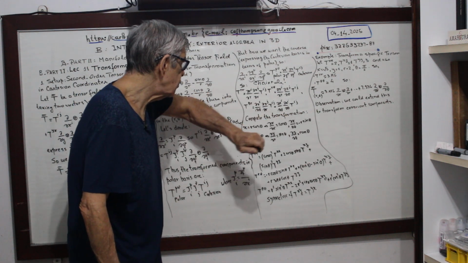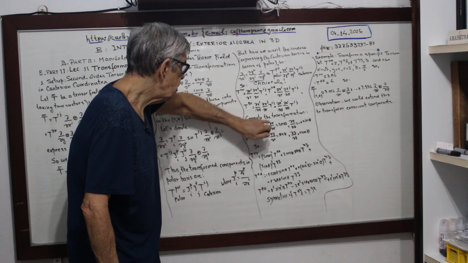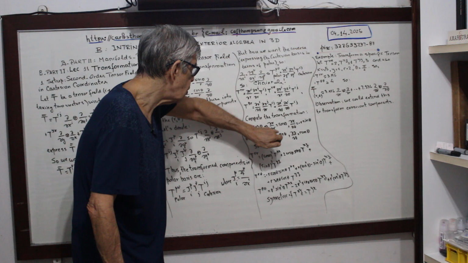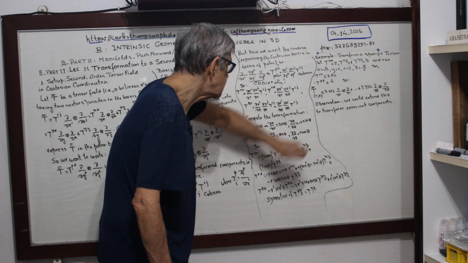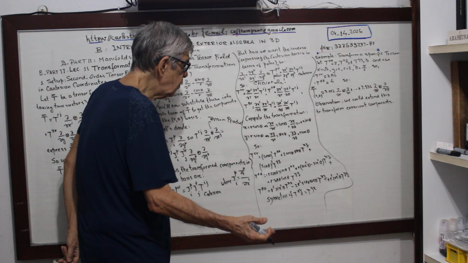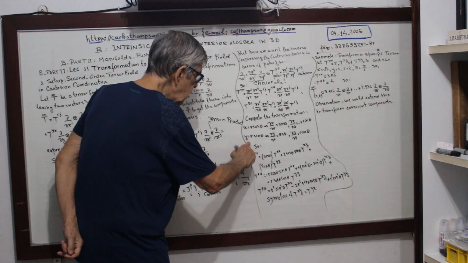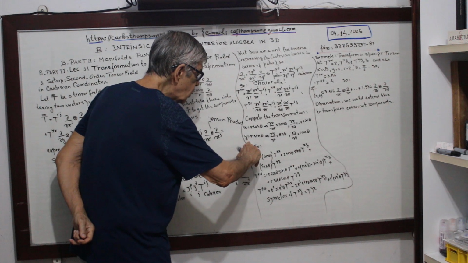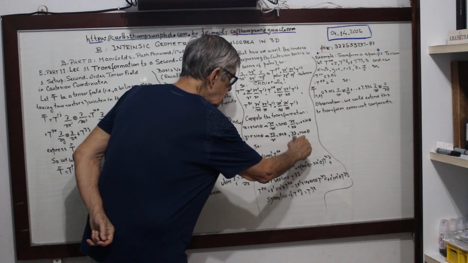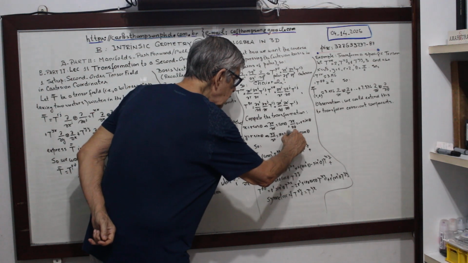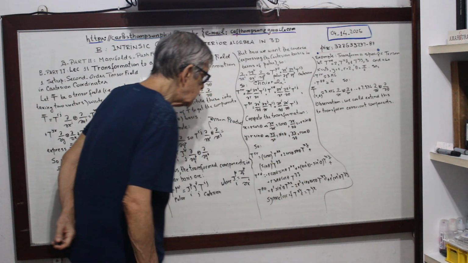So let's compute the transformation now. Remember, x is r cosine theta: partial x partial r is cosine theta, partial x partial theta is minus r sine theta. Likewise, the Cartesian coordinate y is r sine theta: partial y partial r is sine theta, and partial y partial theta is r cosine theta.